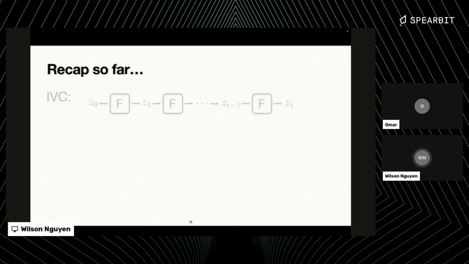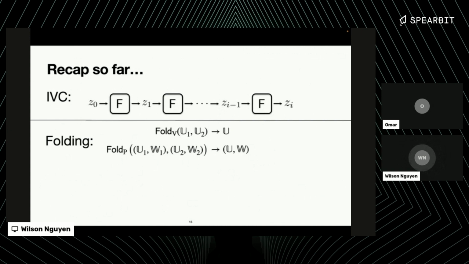So, recap so far: we described IVC as a method to prove the outcome of some long continuous iterative computation. We discussed folding algorithms as a pair of algorithms, a folding verifier and a folding prover. The idea is that we can reduce the satisfaction of two pairs to the claim of a satisfaction of a single pair.